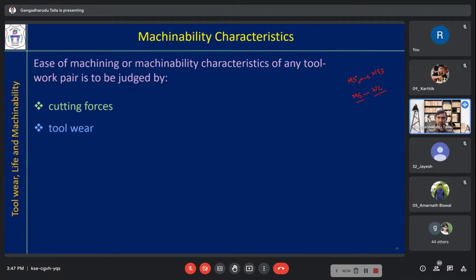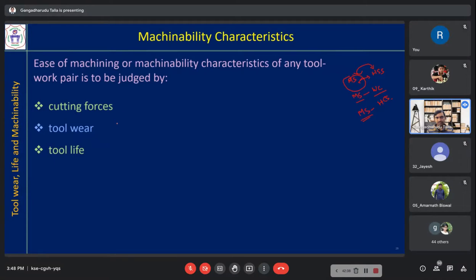It is not only the workpiece characteristic, it is the combined effect. When you are machining mild steel with HSS, you can say what the machinability is. If you are machining mild steel with tungsten carbide, what is the machinability? If you are machining mild steel with some other material, high carbon steel, what is the machinability? The combination is important: tool wear, tool life.